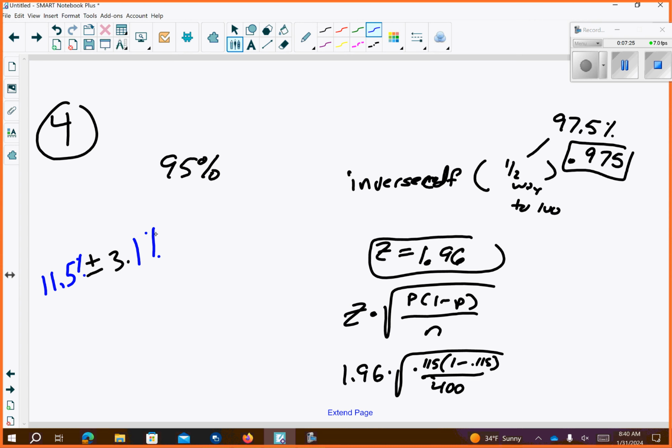You can keep this as percents or not. So that's going to take us to 14.6. And then the bottom end is going to be 11.5 minus 3.1. 8.6?